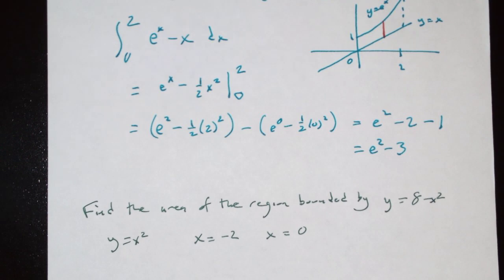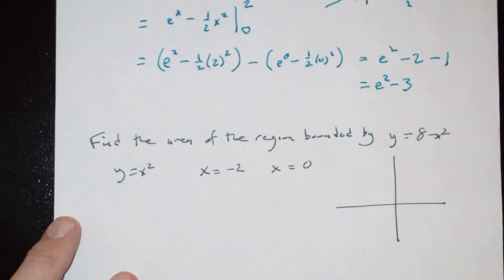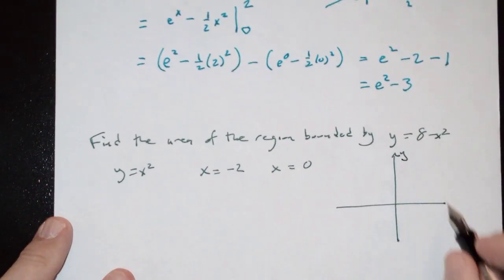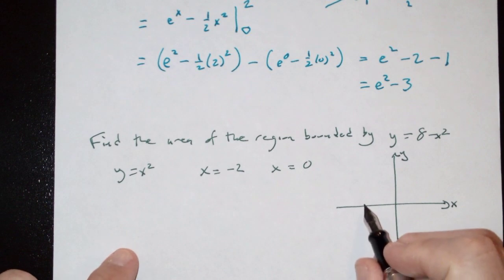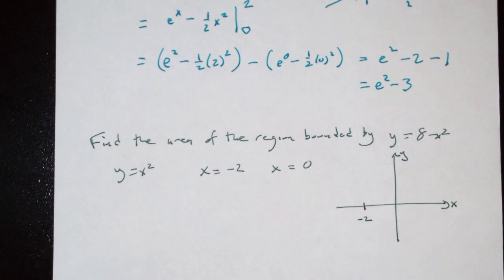So draw a picture. Oh, wait a second. I'm going from -2 to 0. So this time, I'm on the left side. That's okay.